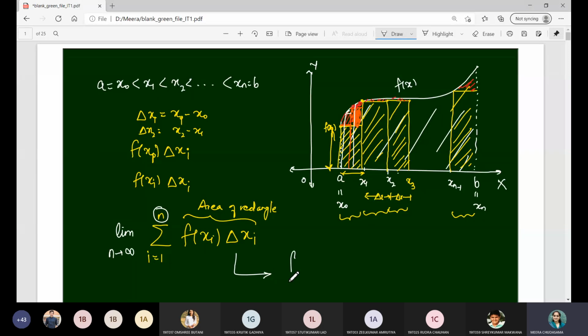This is what you have studied up to now whenever we are given a continuous function, and that is called the Riemann integral.